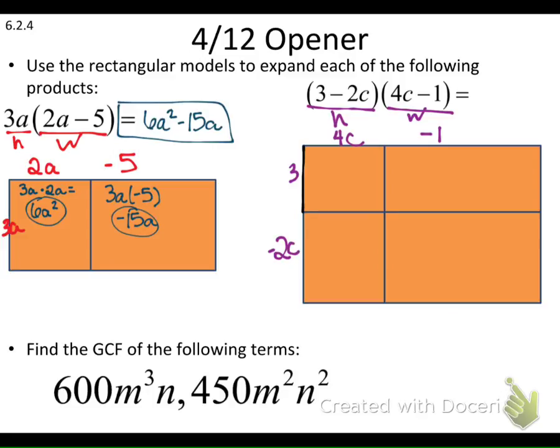All right, let's start finding the areas of each of those rectangles. For my first box that I outlined in black, what is going to be my height and my width, Kelsey? 3 times 4C, equals 12C. Awesome.